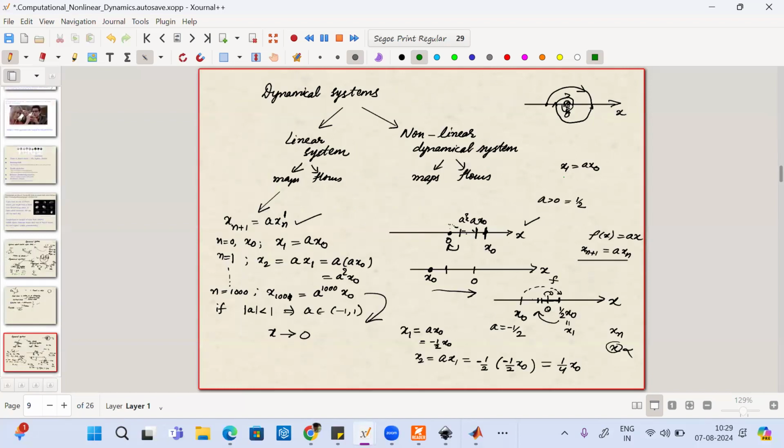Furthermore, you can divide dynamical systems into two parts: linear systems and nonlinear systems. If you see x dot equals ax, it is a linear system. Why? Everything is linear here. But x dot equals ax minus ax cube is a nonlinear system because the nonlinear cube term is coming in.